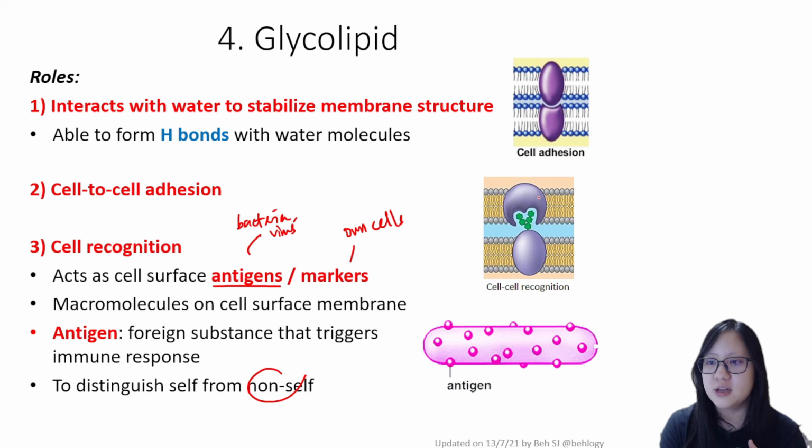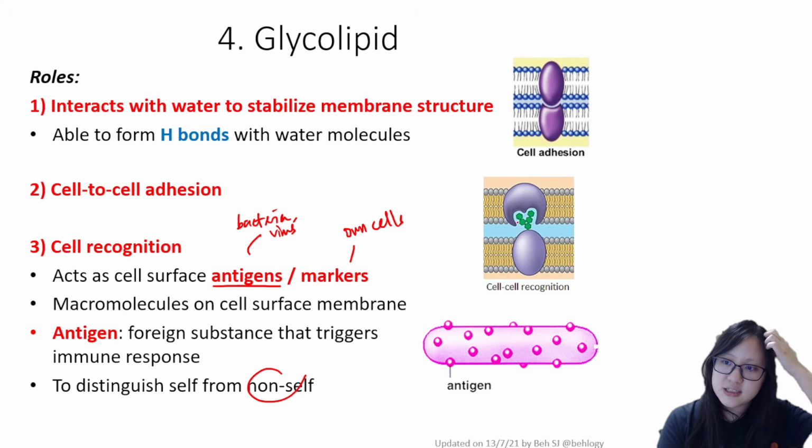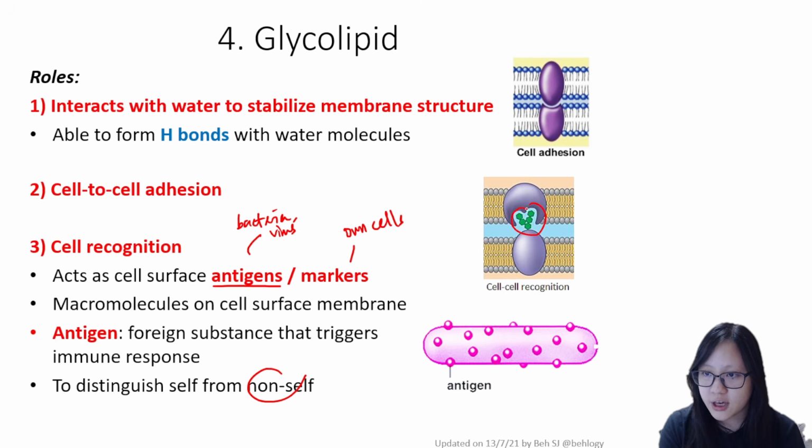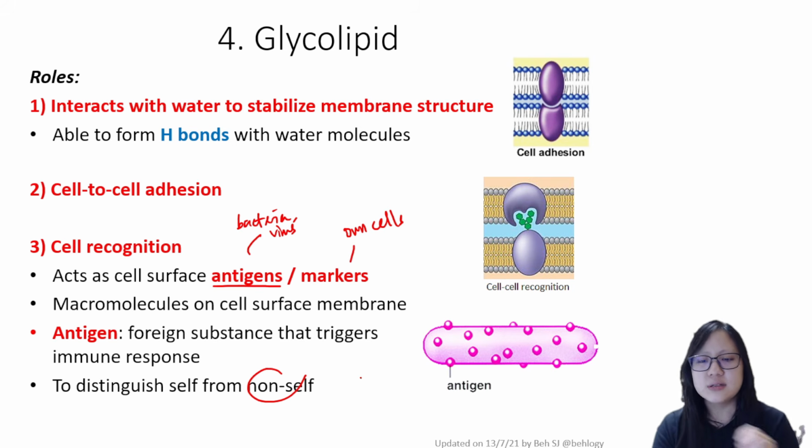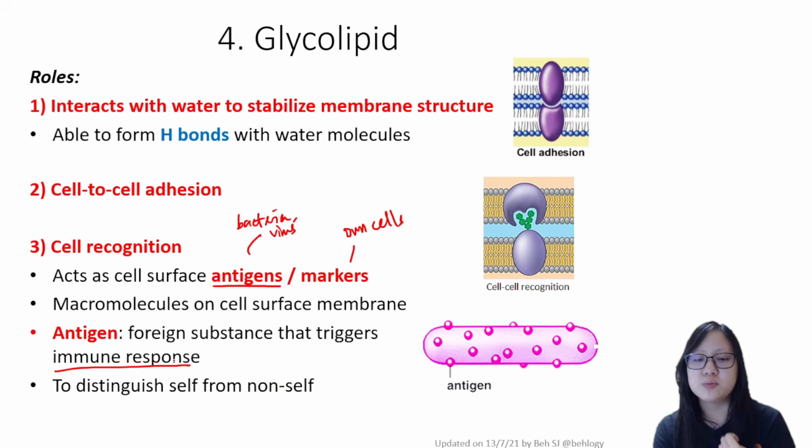This is a receptor reading the antigen here, or maybe the marker here. It reads it and goes, oh, this is not normal, this is not myself, this is non-self, and therefore it would trigger an immune response.